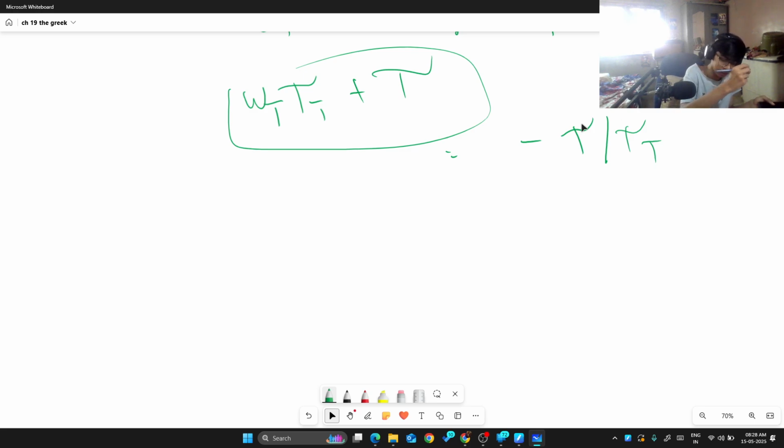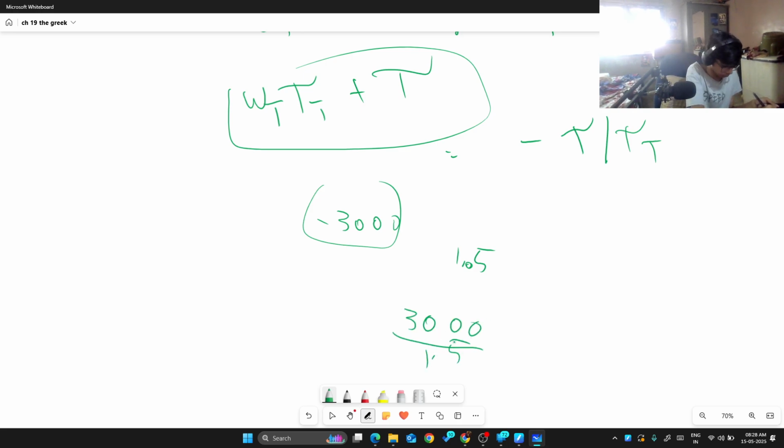Here is an example. The gamma value of the portfolio is minus 3000, and the delta and gamma of the traded option are 0.5 and 1.5. To make the portfolio gamma neutral we just divide, minus 3000 by 1.5, and that gives us 2000.